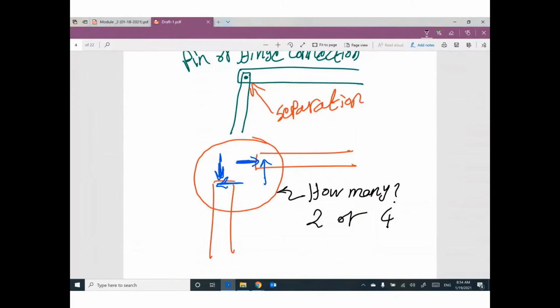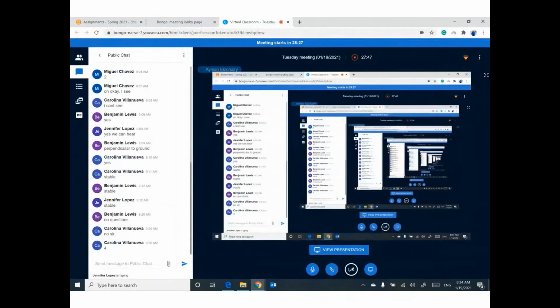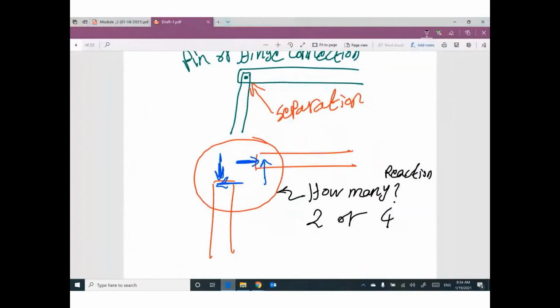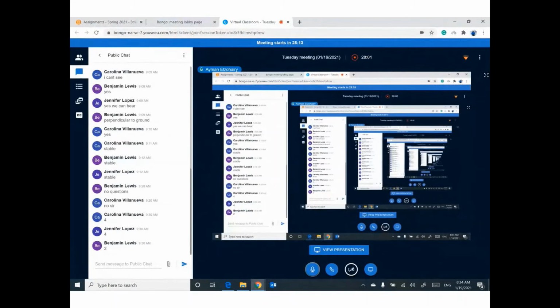How many unknowns or how many reactions at this location? 2 or 4? 4 Jennifer, 4 Carolina. Any other answer? Two Benjamin.